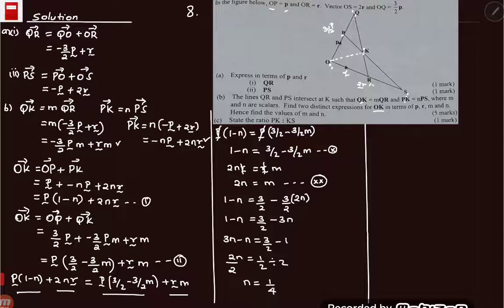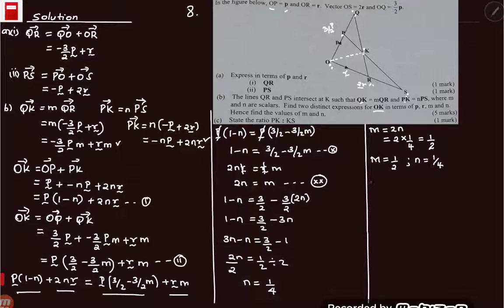Now having gotten the value of N, we can get the value of M. M is equal to 2N, so this will be equal to 2 times 1/4, which is equal to 1/2. So the values of M and N are, M is 1/2 and N is 1/4.